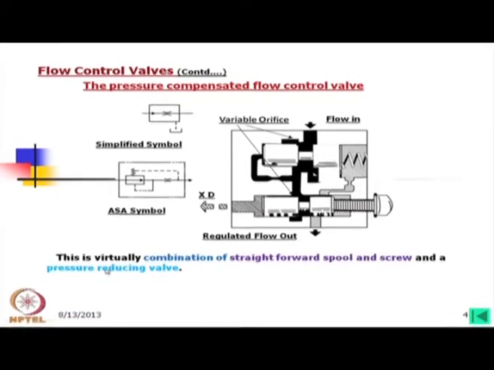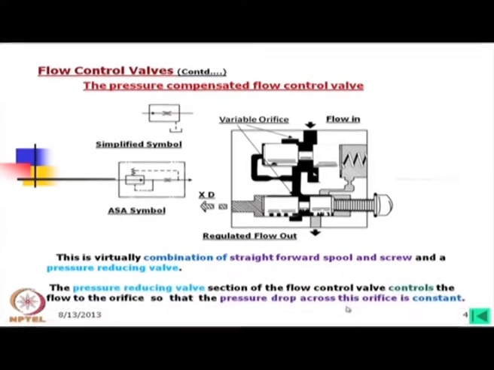Now, this is virtually a combination of a straightforward spool and screw and a pressure reducing valve. The pressure reducing valve section of the flow control valve controls the flow to the orifice, so that the pressure drop across this orifice is constant.